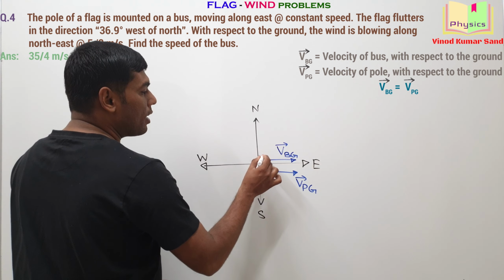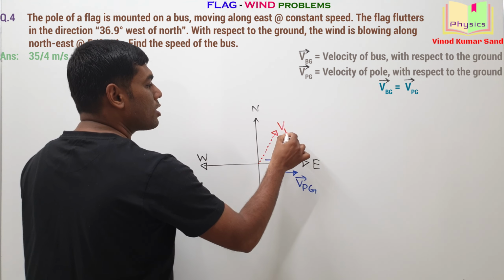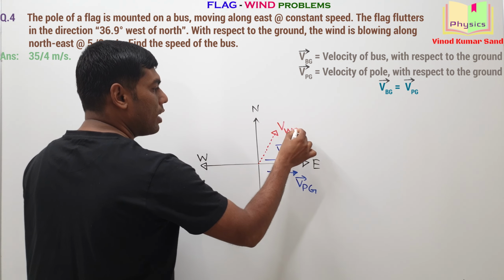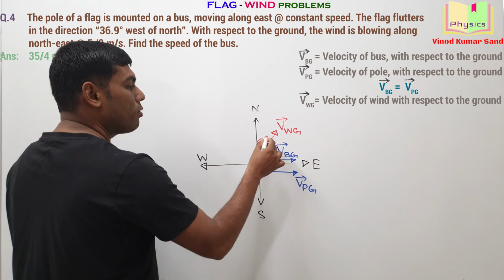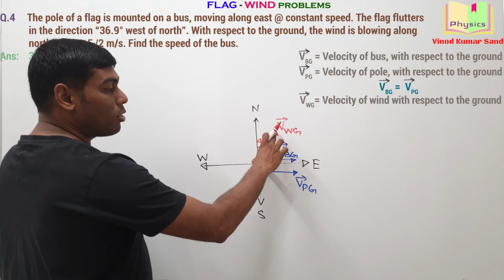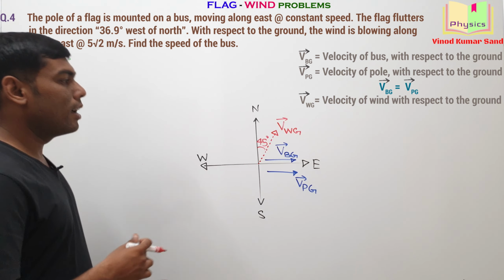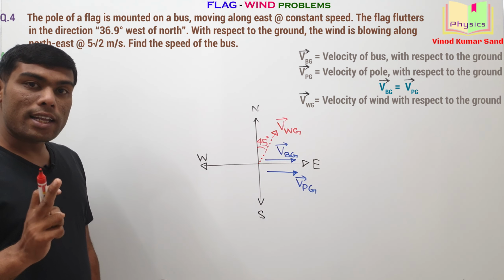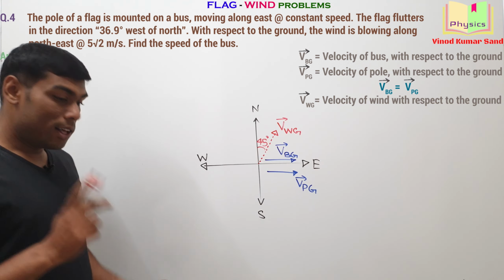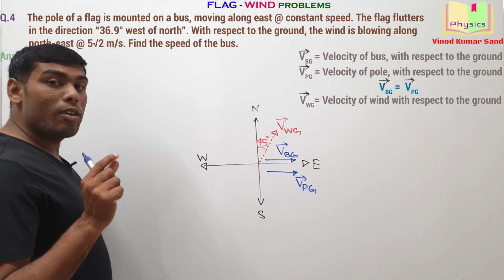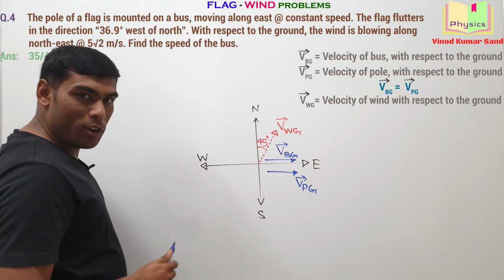I should mark the velocity of the wind with respect to ground like this, and this angle should be 45 degree. Length of this vector is 5√2. Later on we'll utilize that. And now we are given that velocity of the wind with respect to the pole is making an angle of 36.9 degree with north.